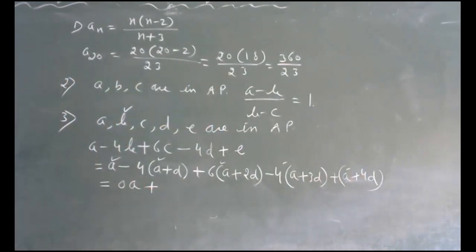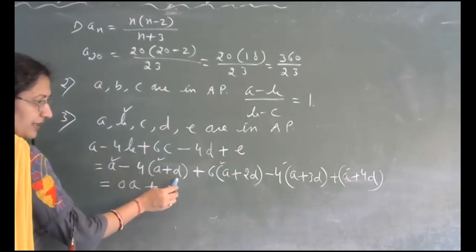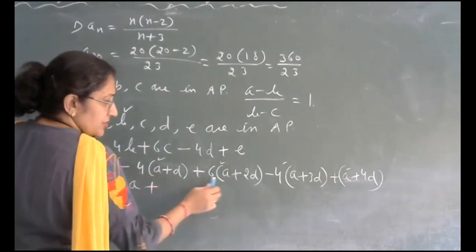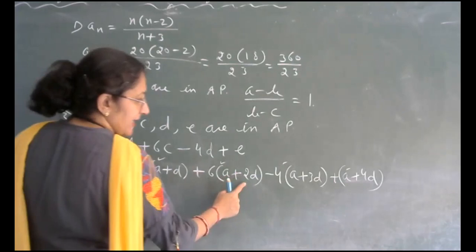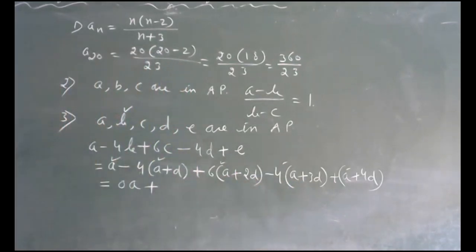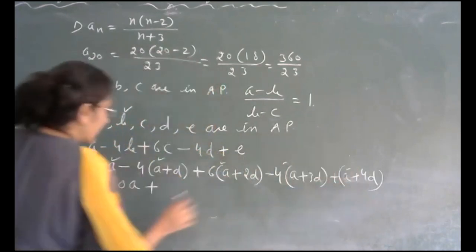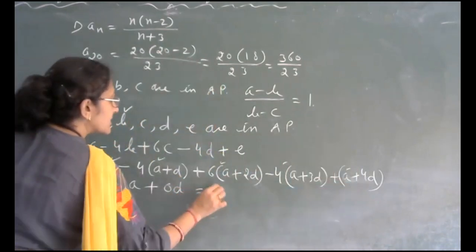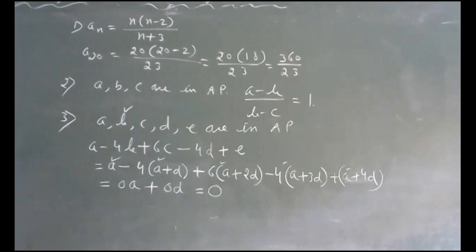Plus how many D's? Minus 4D, then 2 sixes are 12, 12 minus 4 is 8, then here the 4th is 12, so it will be minus 4, again here plus 4, it will become 0D, that is 0. So the answer of the third part is 0. Next, fourth part.